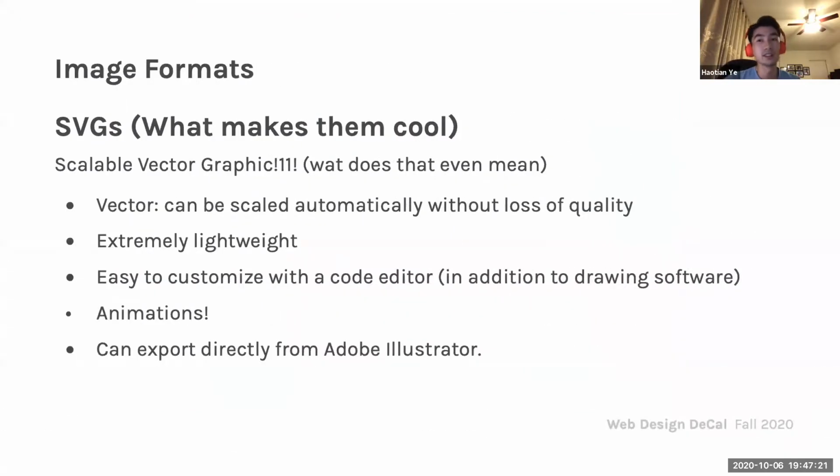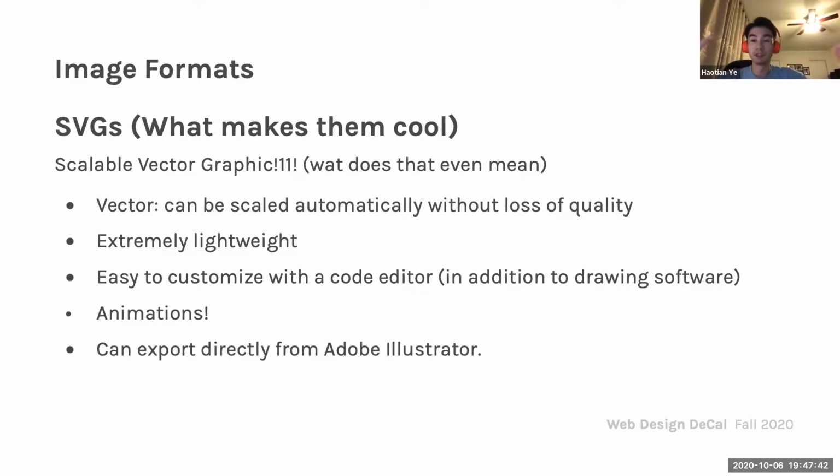So lastly, there's a very important image format that we prefer you to use, and they're called SVGs, called scalable vector graphics. So what does that even mean? It's basically a vector. If you've taken math, you know vectors can go any direction, whatever. And these are scalable.